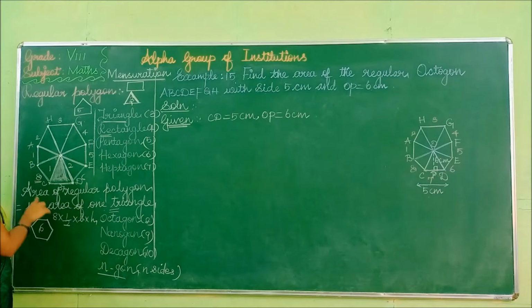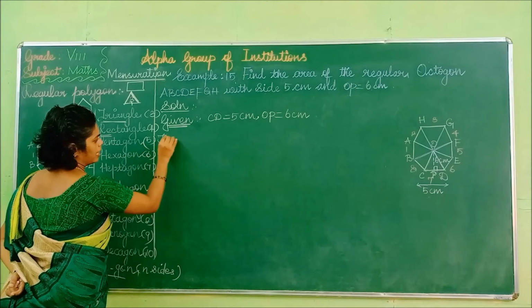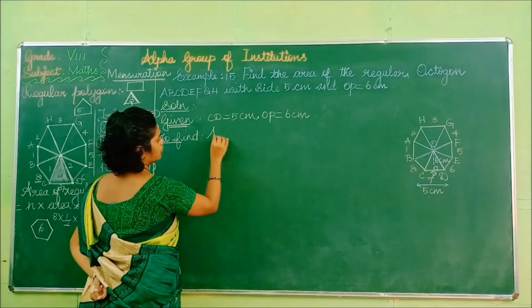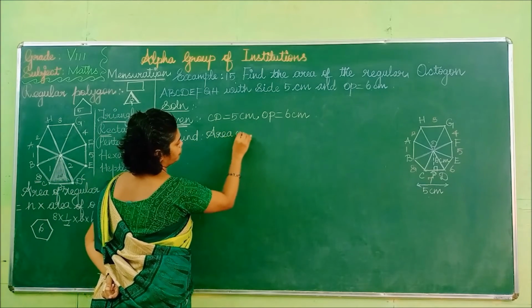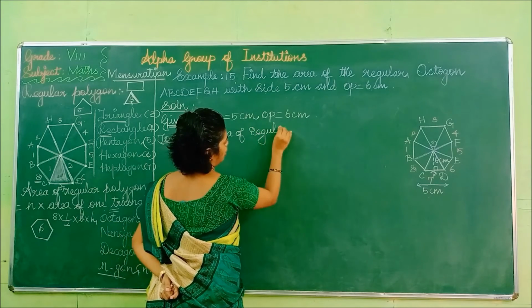Already we wrote here. If it is a regular polygon, you have to write the number of sides which is given in the figure. Here the figure is an octagon, so we can take 8. We are asked to find the area of the regular octagon.